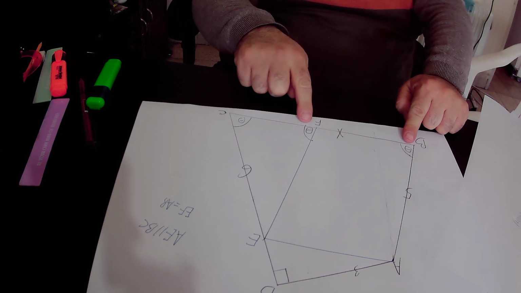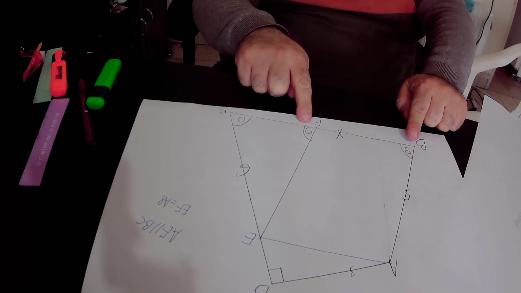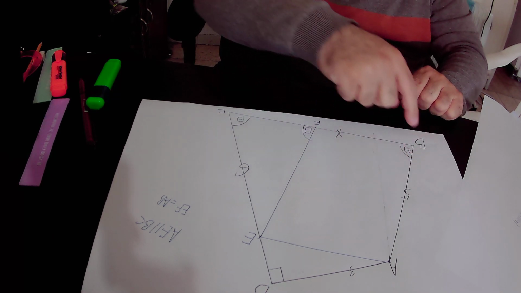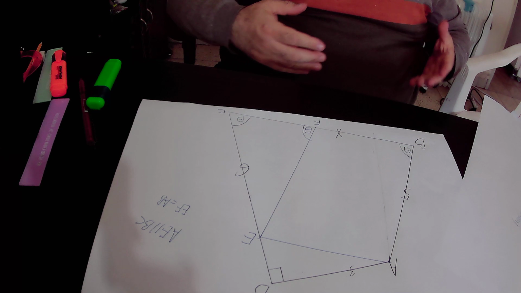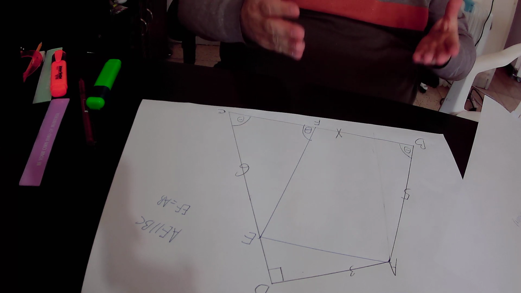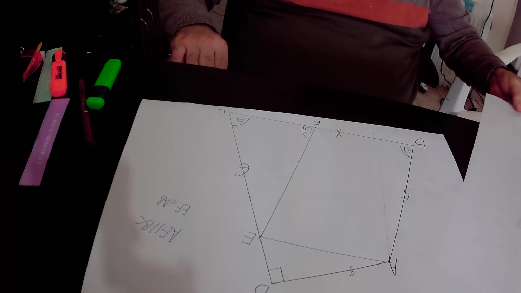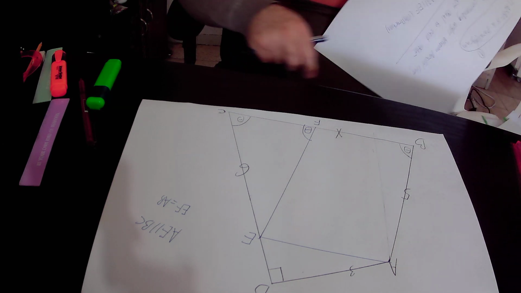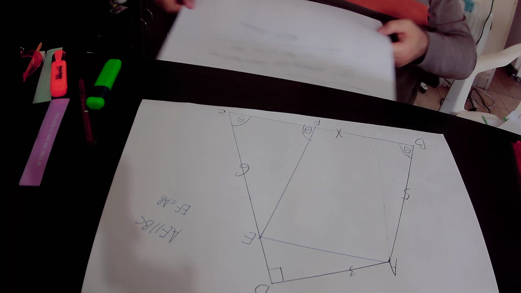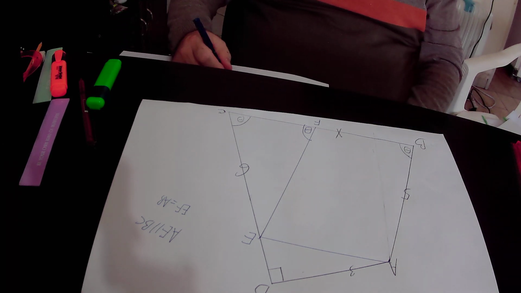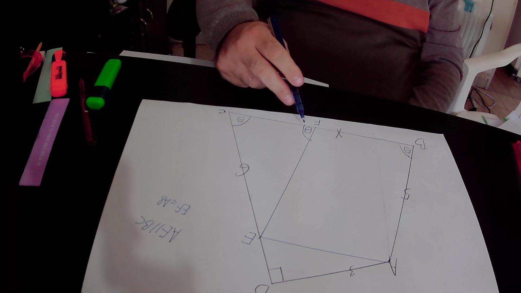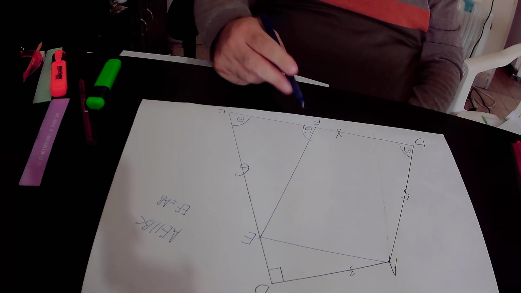Those two angles are defined as corresponding angles, and they are located between the parallel lines AB and EF. Therefore, they are equal to each other. That is to say, angle ABC, this angle, equals this angle, which is angle EFC.